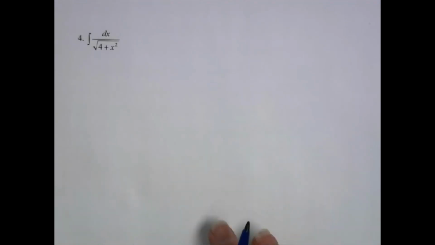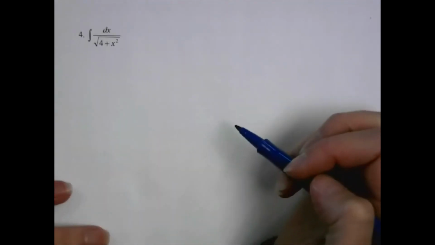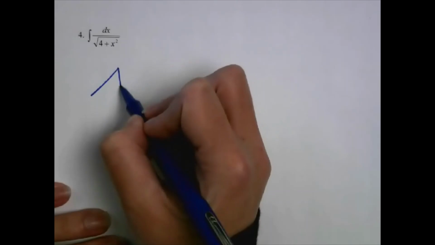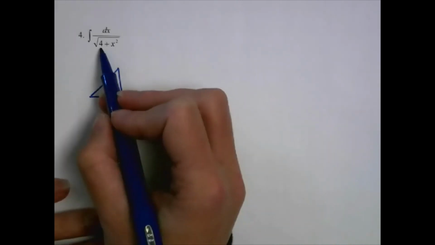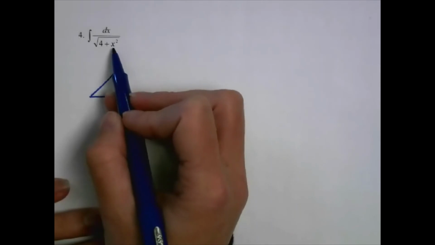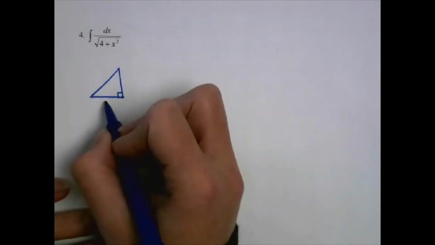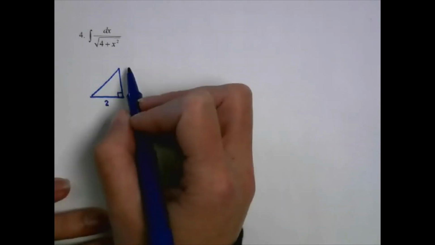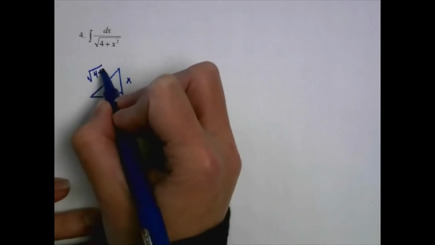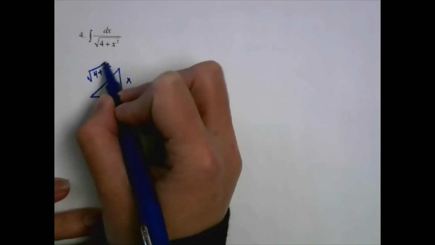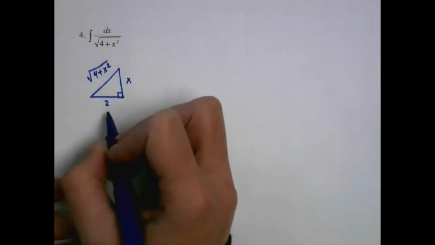So this one is going to be a trig substitution. And again, you're thinking about this as a right triangle. The square root of 2 squared plus x squared means that 2 and x are the sides, and our hypotenuse is the square root of 2 squared plus x squared.